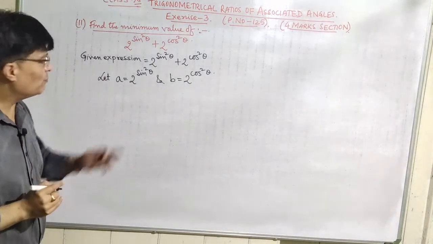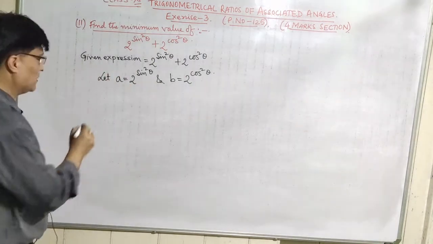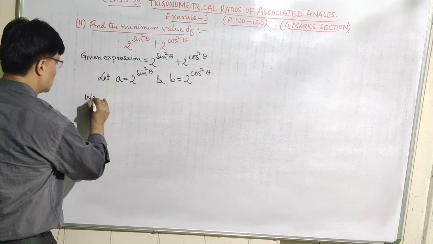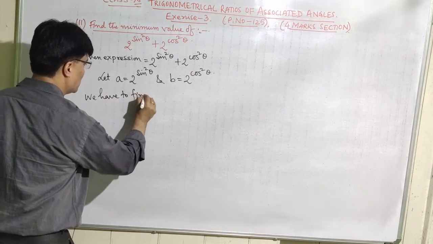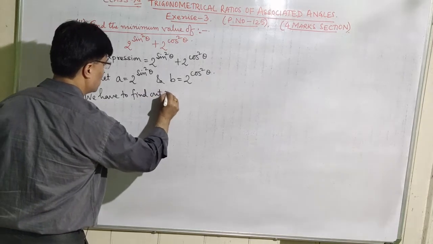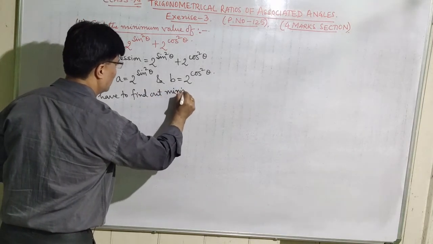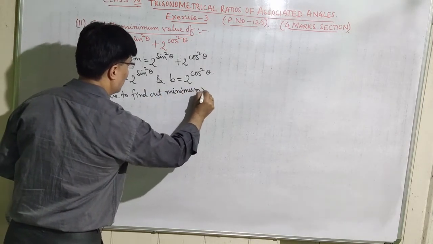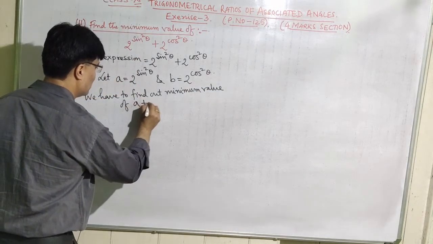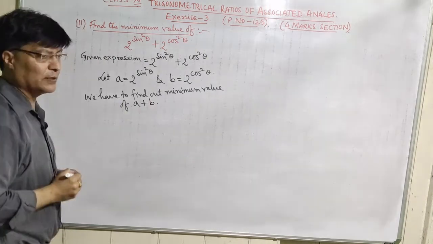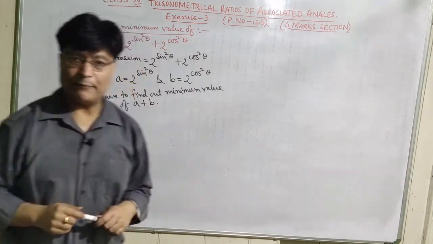That means you have to get the minimum value of what? A plus B. Now we have to find out the minimum value of A plus B.